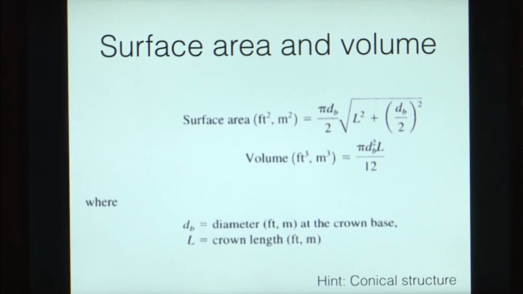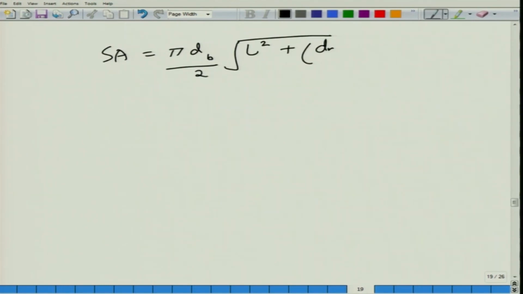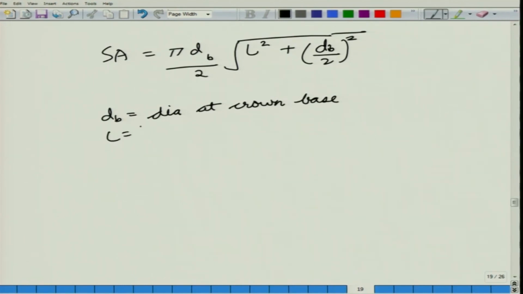So if I wrote it down, you have surface area equal to pi times dB by 2 times the square root of L squared plus (dB by 2) squared, where dB is the diameter at crown base and L is the crown length. So this is the surface area of the crown.